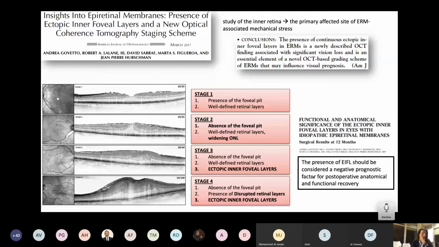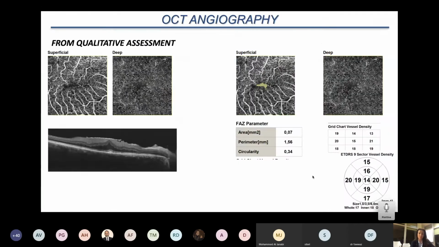And in this beautiful paper, Govetto et al. described the presence of a continuous ectopic inner foveal layer in the central foveal region and proposed a new OCT-based grading scheme for the epiretinal macular membrane.